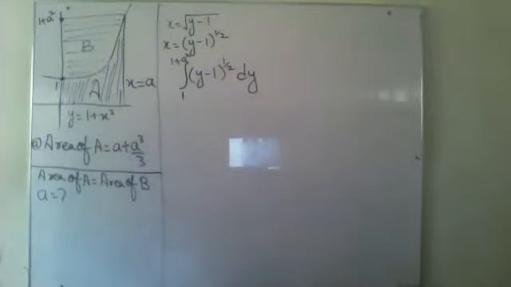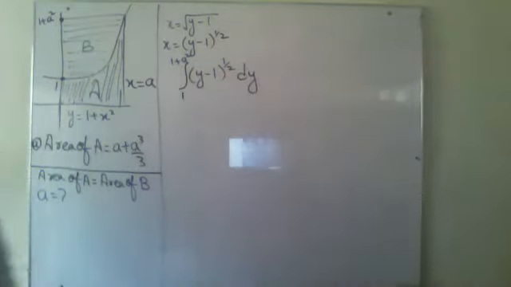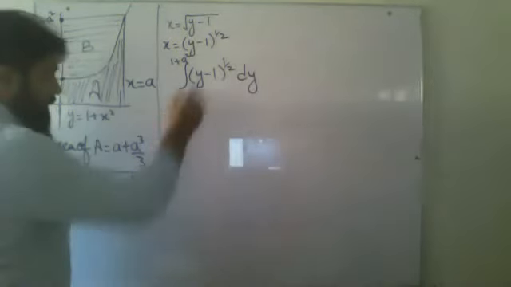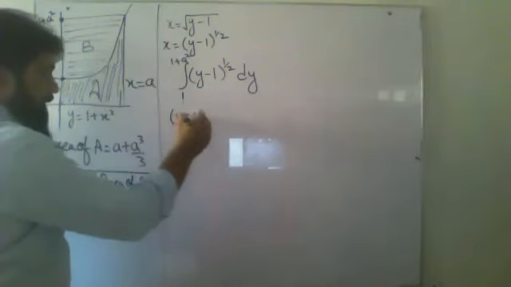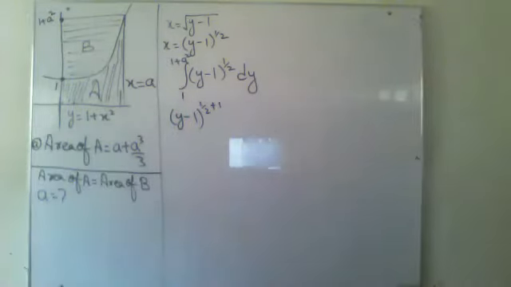Now, when we do integration, there is a fractional power given to you guys. How will you work with this one? First of all, y minus 1, power half plus 1.